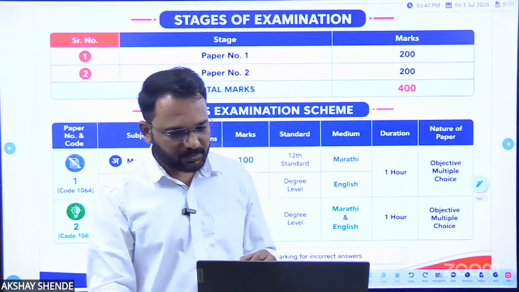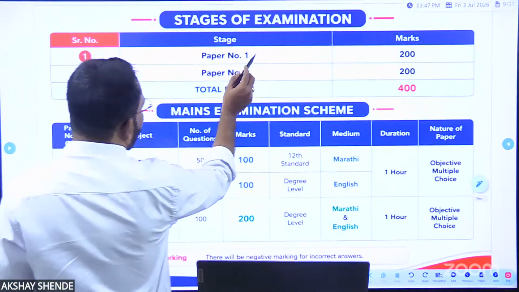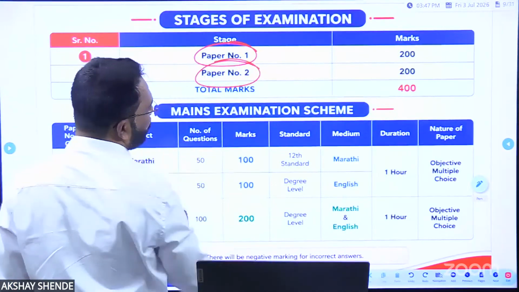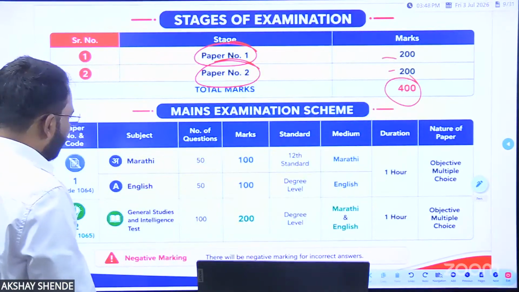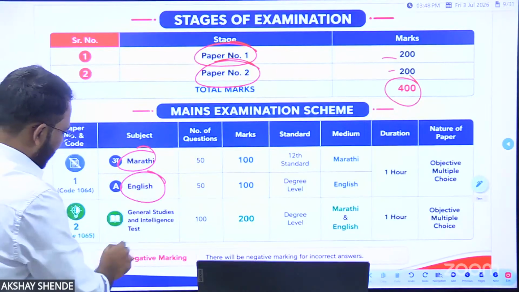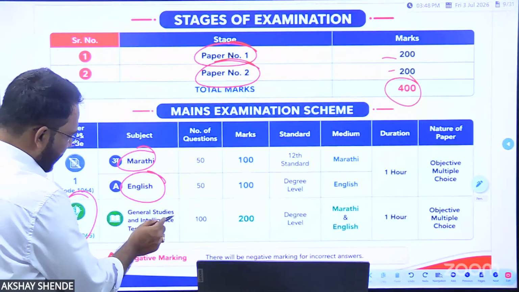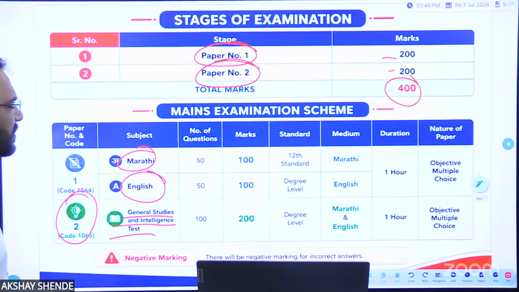Now the mains examination scheme. In mains they conduct two papers, paper 1 and paper 2. Both are of 200 marks, total 400 marks. Paper 1 is language based, Marathi and English, and the second paper, which is our subject, is general studies and intelligence test.